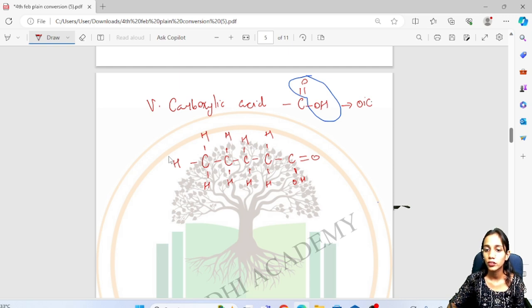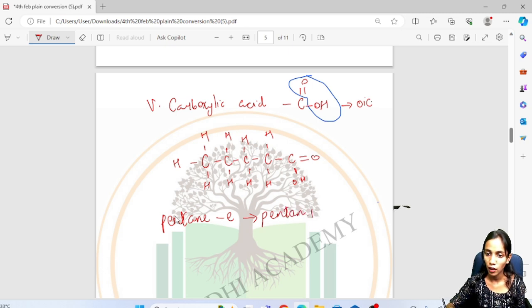First you will see what is the base name. 1, 2, 3, 4, 5. There are 5 carbons and there is no double bond between the carbons. So 5 means it is pentane. Then you have to minus E from that, which will get you pentan.